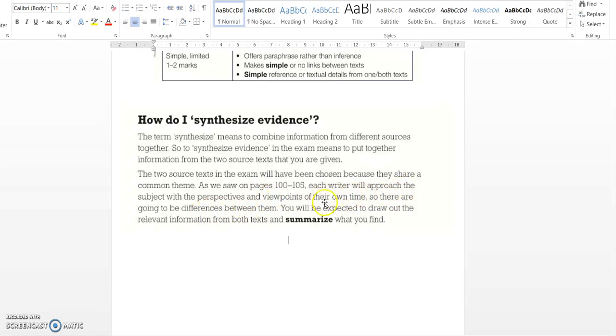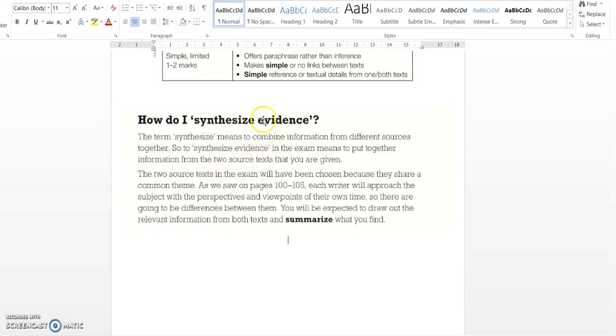Not only their own time though, they'll also be presenting viewpoints from their own beliefs, if you like. So you'll get some indication as to their feelings about a particular event, and that will be you looking at their viewpoints. You will be expected to draw out the relevant information from both texts and summarize what you find.